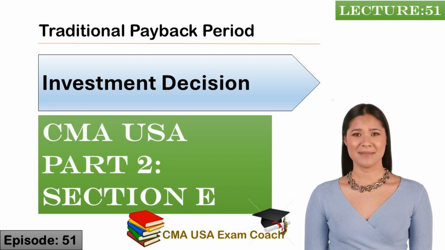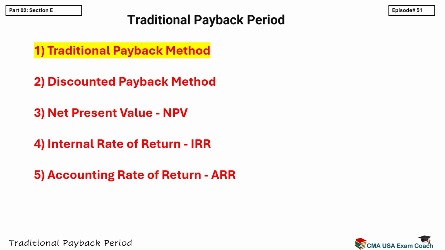So let's get started. As we discussed in the previous episode, we have to cover all the 5 major tools used in capital budgeting. These tools help us evaluate whether an investment is worthwhile or not. Today, we are starting with the very first tool, which is the traditional payback method. In the coming episodes, we will also discuss the other 4 tools.